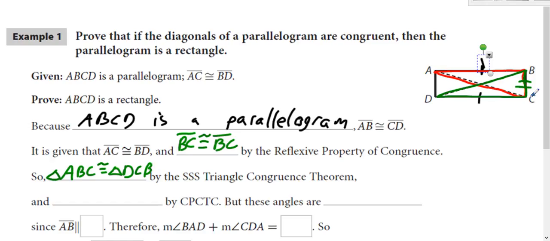Which means that this angle up here at B and this angle down here at C are corresponding parts, so they must be congruent. So angle ABC has to be congruent to angle DCB because they are corresponding parts of congruent triangles, CPCTC.